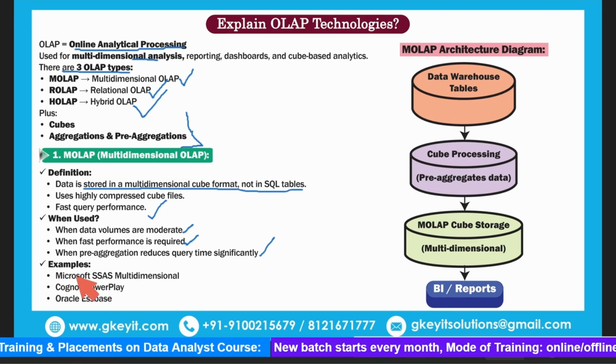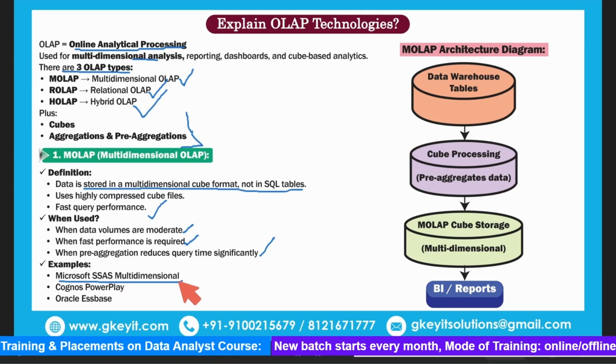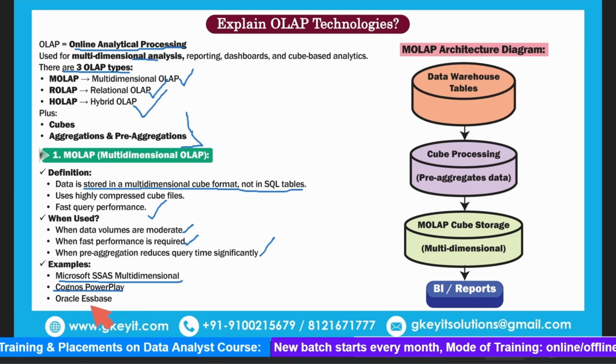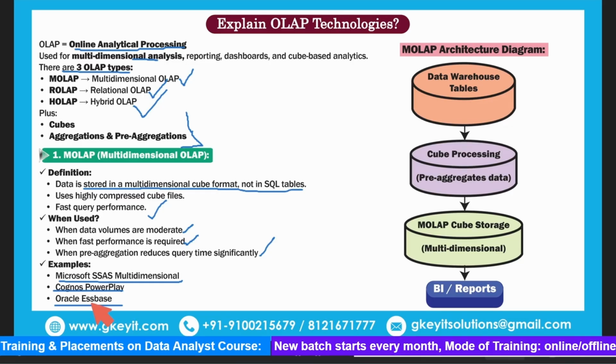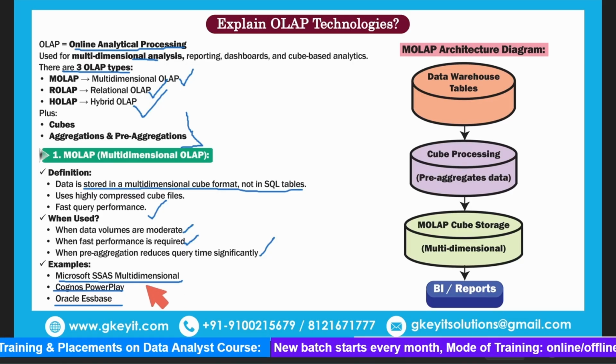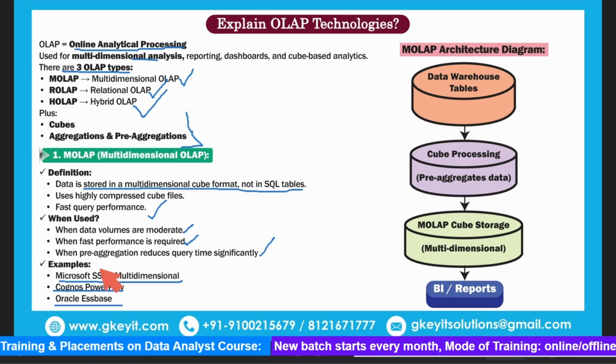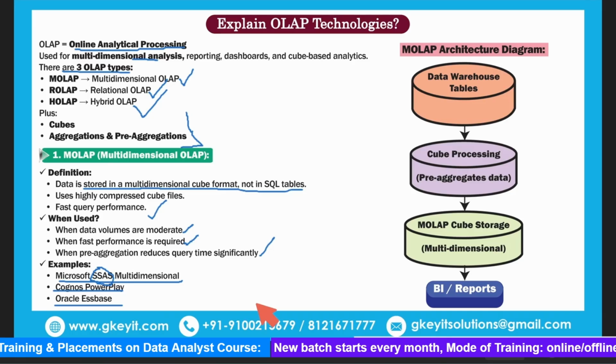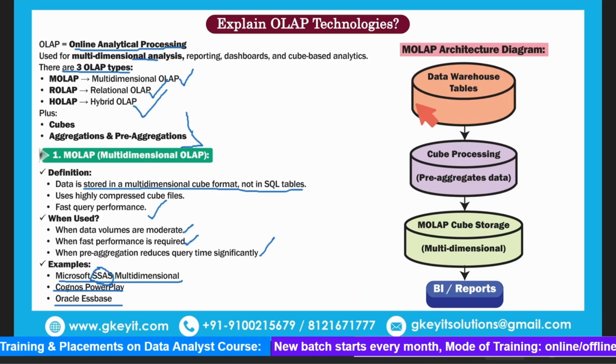Coming to the examples: Microsoft SSAS multi-dimensional, Cognos PowerPlay, Oracle Essbase and MSBI SSAS. These are the different things that we can use. Microsoft SSAS is the main tool that I have used in my real-time systems.